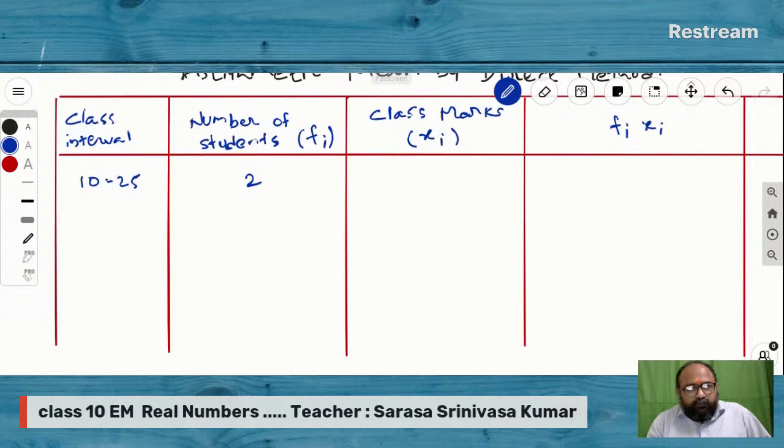Xi is equal to 10 plus 25 by 2, that equal to 35 by 2, equal to 17.5.